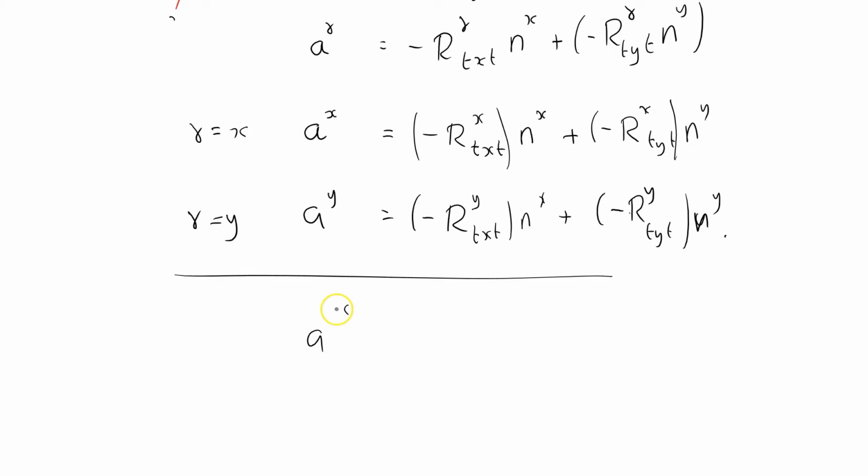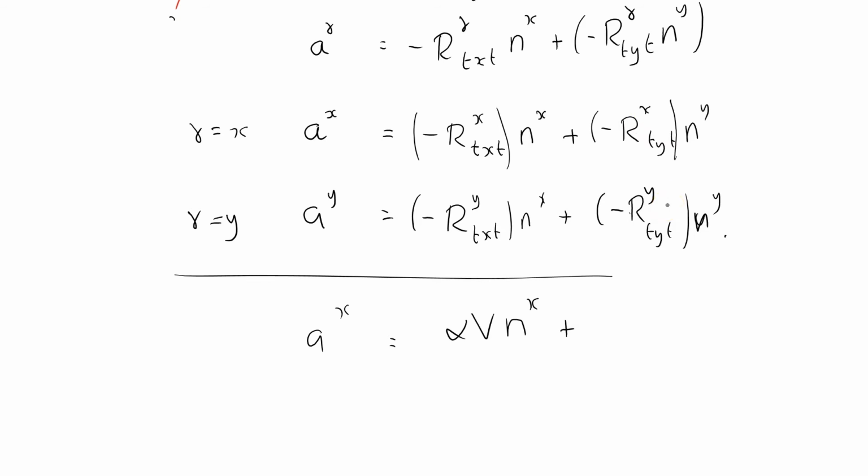I've got ax equals, the xx component was alpha v. Actually, I'll take a component. Yeah, I'll write it all in. Nx plus, and then this one was xy.